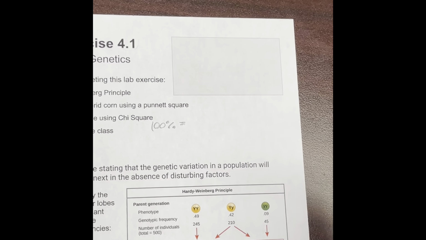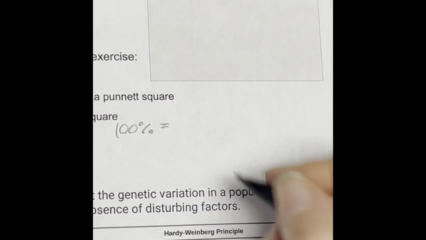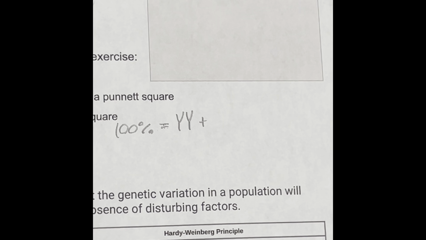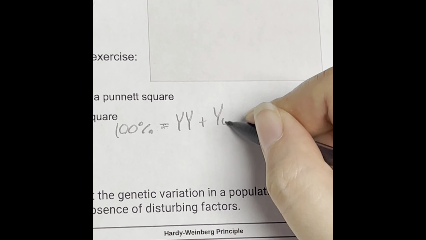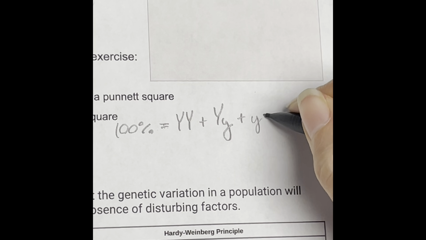If I'm going to measure 100% of the population, I'm going to measure all of the individuals that are homozygous dominant. And then I'm going to add to that all of the individuals that are heterozygous. And then I'm going to add all of the individuals that are homozygous recessive.